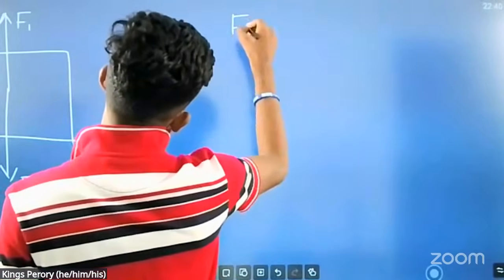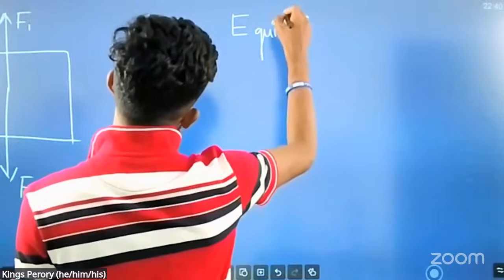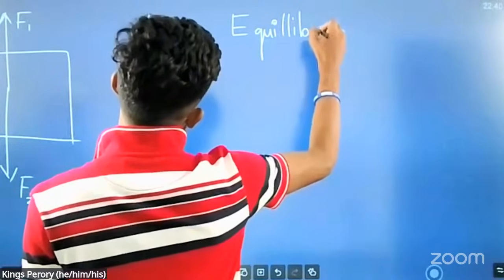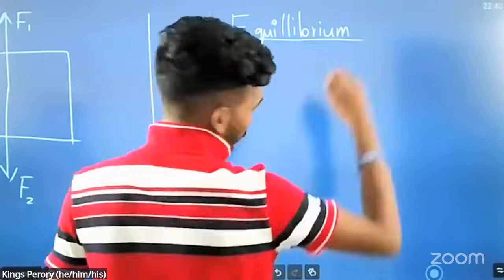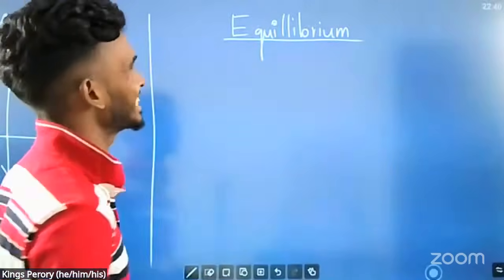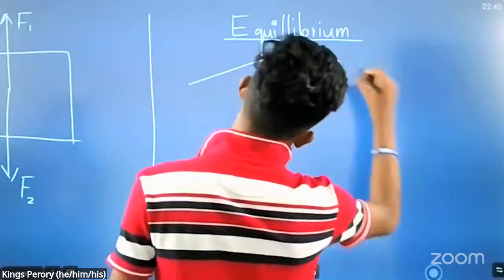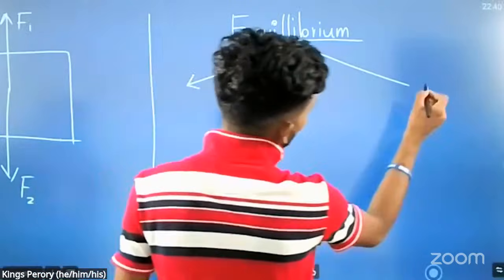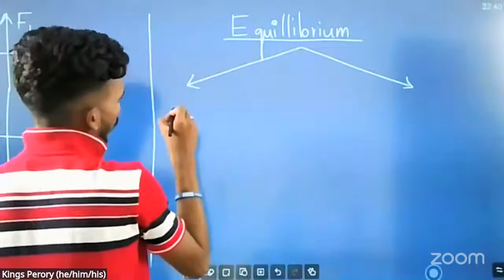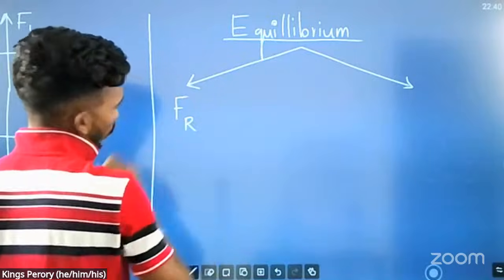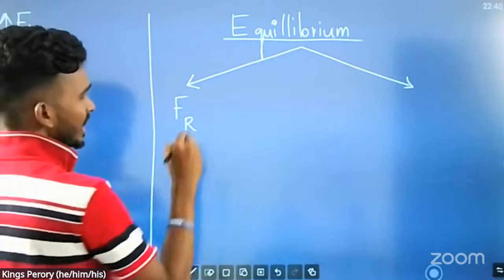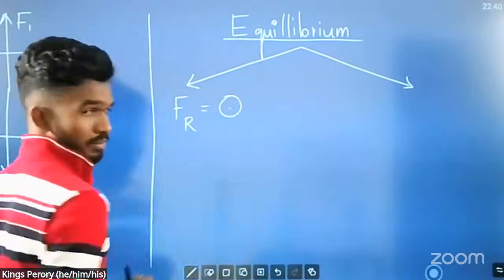For an object to be at equilibrium, two conditions are needed. One, the total resultant force should be 0.